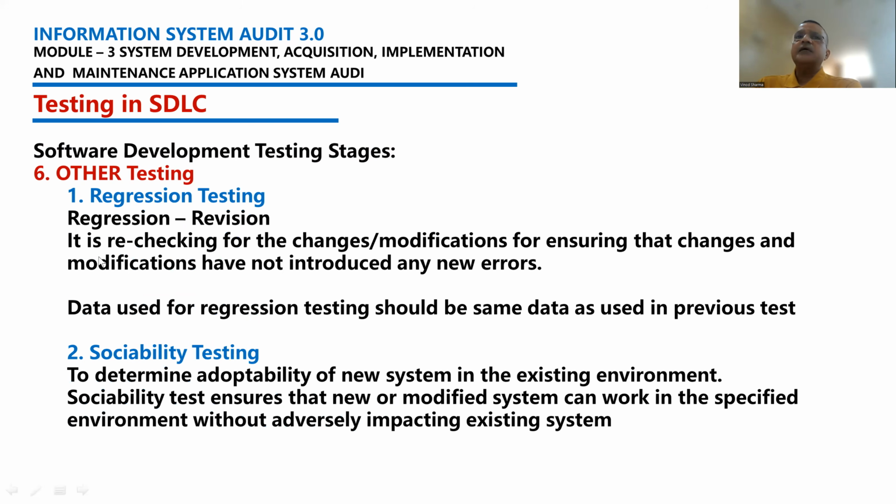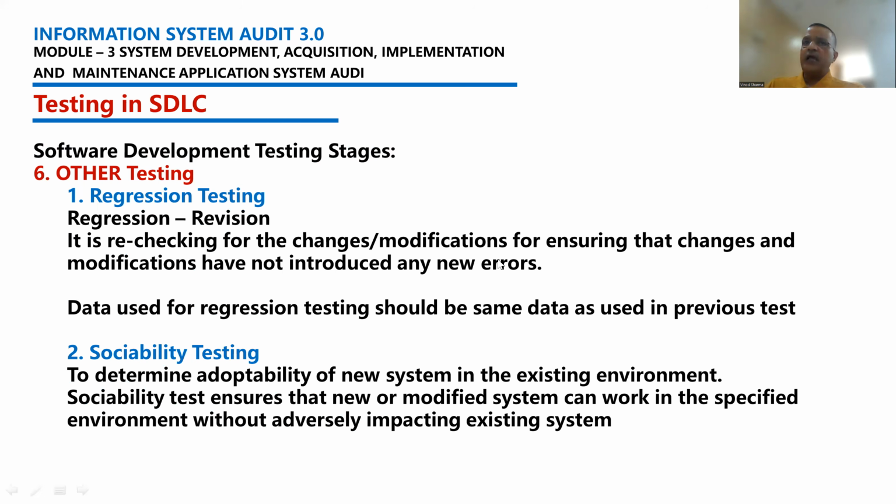That means regression testing is about rechecking the changes or modifications for ensuring that the changes and modifications have not introduced any new errors. Obviously, the software is being developed, it is being put to use. Certain errors or things require modification. They have been done.